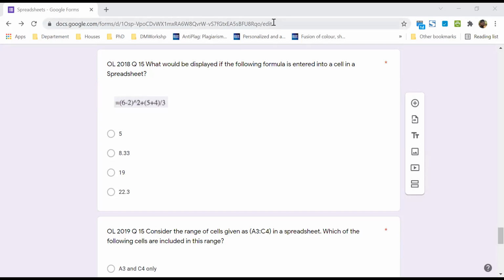Again, simplifying this one. We have to say (6 minus 2) to the power 2 plus (5 plus 4) divided by 3. You know the brackets we need to finish first. So I will start with the first bracket, 6 minus 2, that is 4 to the power 2 plus, and we'll do this bracket as well, 9 divided by 3.